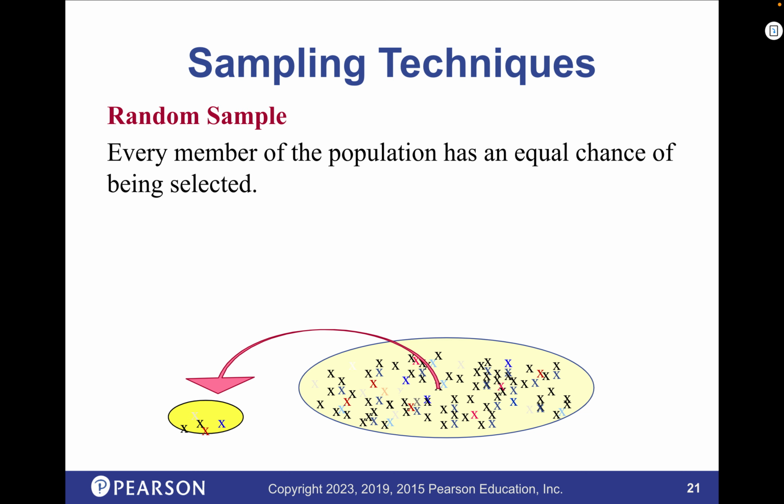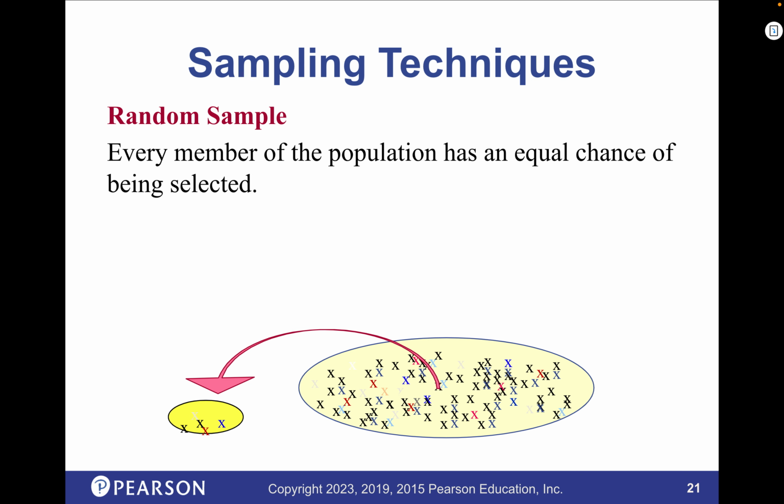Okay. So one way to address this is to do what they call a random sample. Simply put, a random sample means everyone in the population has an equal opportunity to become part of our sample. So again, a computer assigns a number, randomly those numbers are chosen, and then we choose those as our sample.